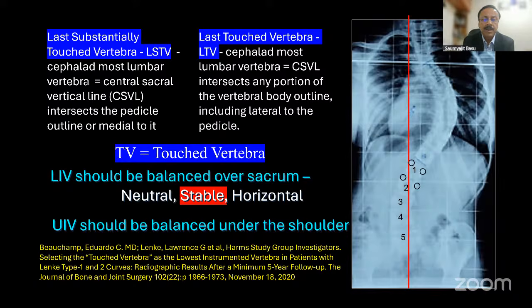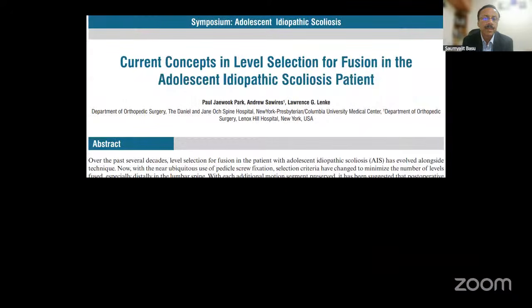So you can find the pedicles of L1 and L2. In this, L1 is the last touched vertebra, whereas the last substantially touched vertebra is L2. And this is what is important, that it is safer to go down to L2 rather than L1. So here, the touched vertebra is an important concept in choosing the distal LIV.